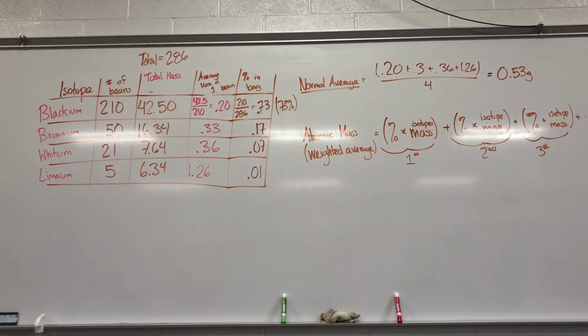And we're multiplying it by the total mass or the individual? The individual mass. Because in terms of an isotope, the isotope's mass number is what we'd be using. So for my beanium sample, this is what I would be plugging into this equation.